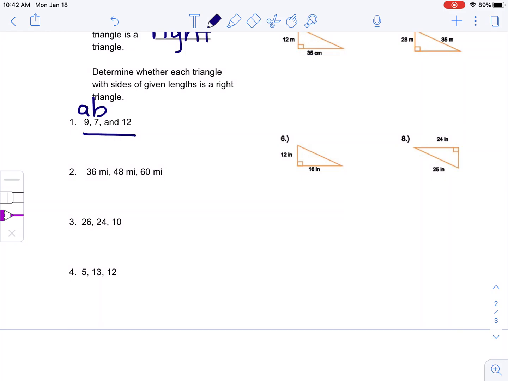That's going to be side A and B, and then the longest side is always side C. So we're going to determine, is 9 squared plus 7 squared equal to side C squared, 12 squared? All we really have to do is check that in our calculator.